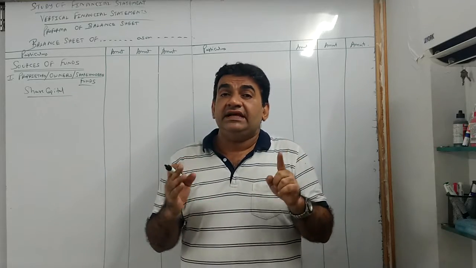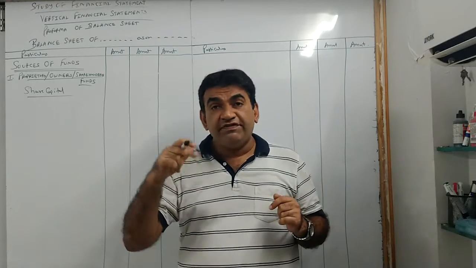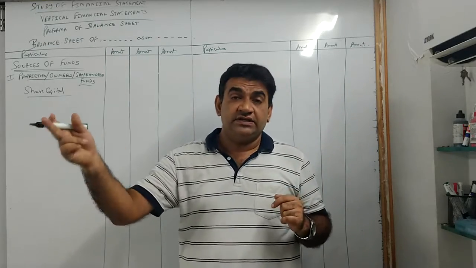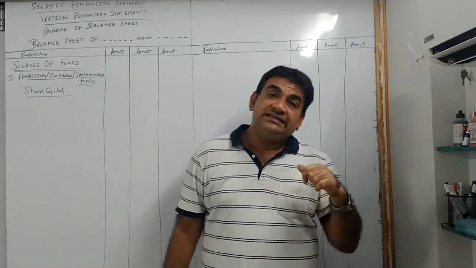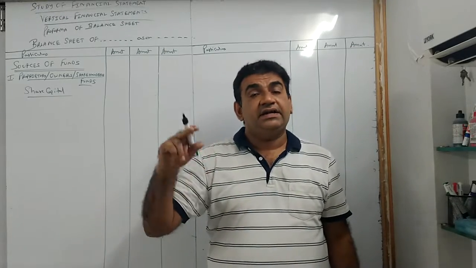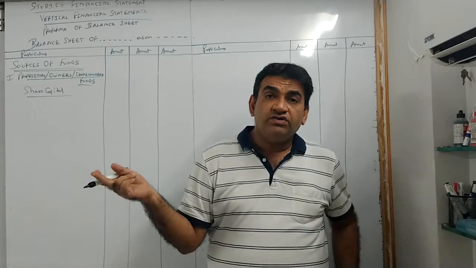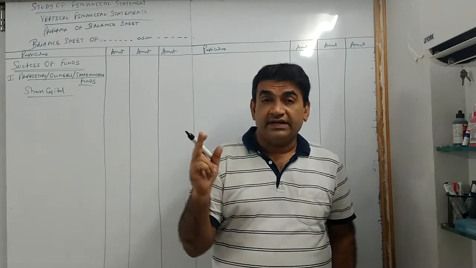Second, when the company goes into liquidation, when the company closes, preference shareholders get their money first. After the account of preference shareholders is settled, then the equity shareholders get their money.